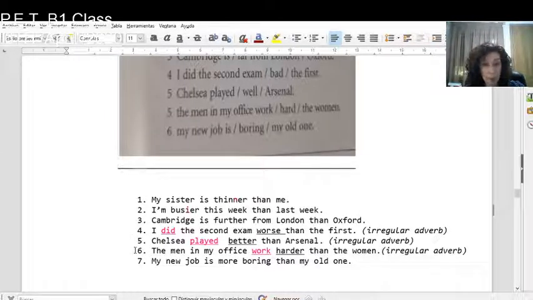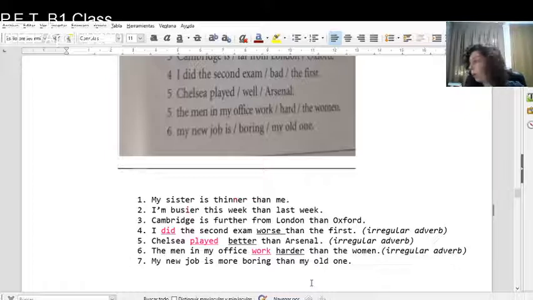The men in my office work harder than the women. It's another irregular adverb, but it is an adverb because how do they work? And number 7, my new job is, then I need an adjective, more boring than my old one. Boring, 2 syllables, but not ending in Y. So, more than.